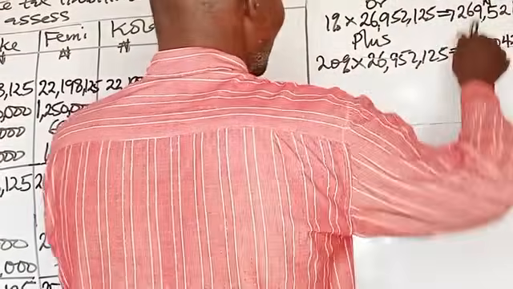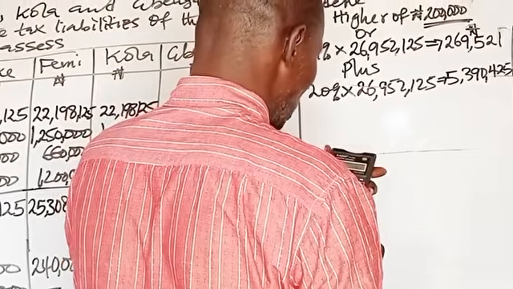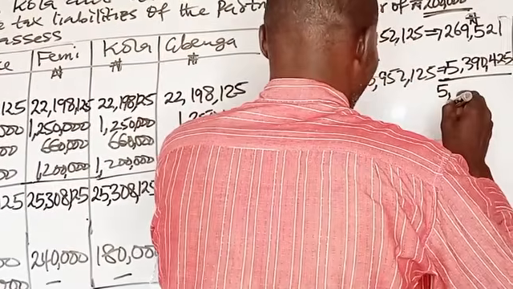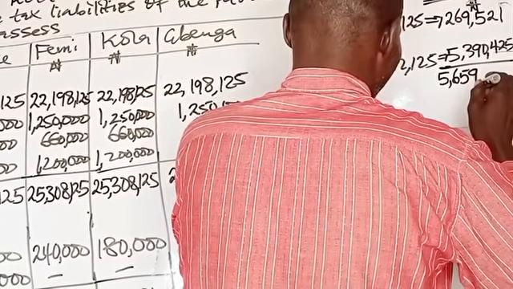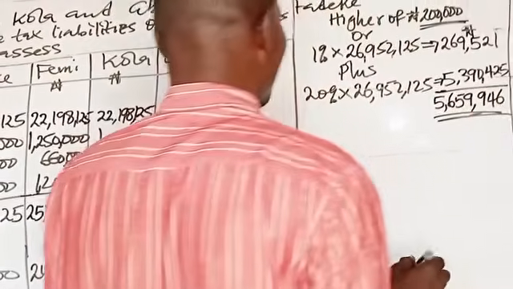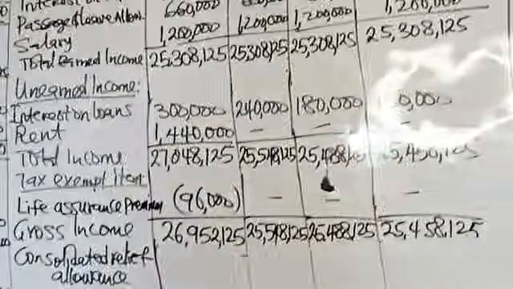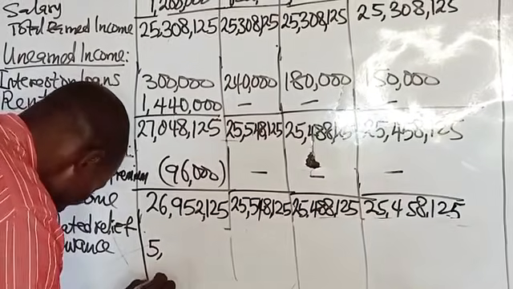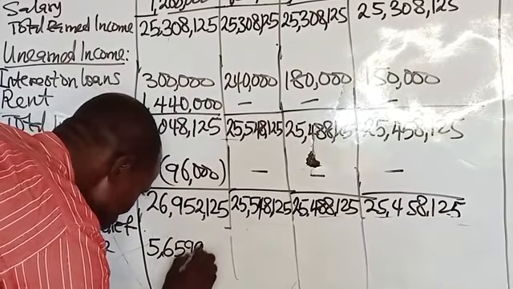If you now add it to this, plus 269,521, that is a total of 5,659,946. That is the consolidated relief allowance of Fadeke.